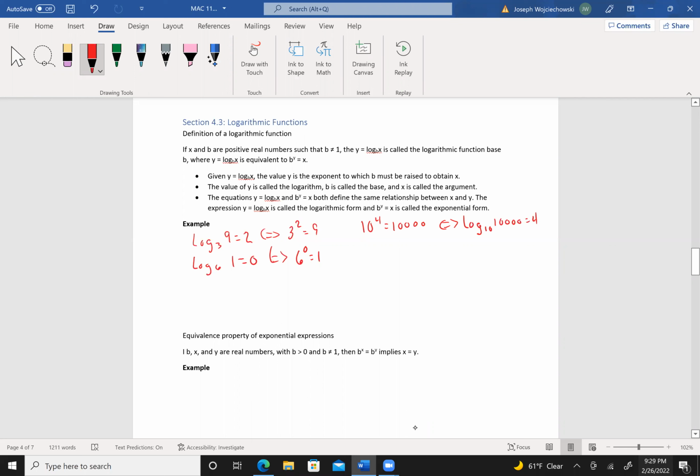Or I can even have something like this, 1/8 to the negative 2 equals 64. This is equivalent to the log base 1/8 of 64 is equal to 2.